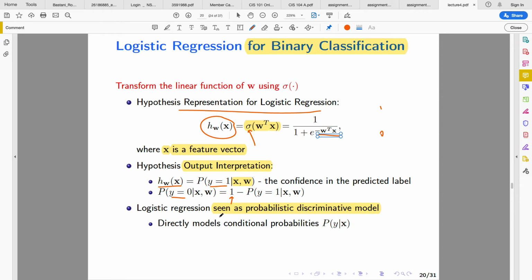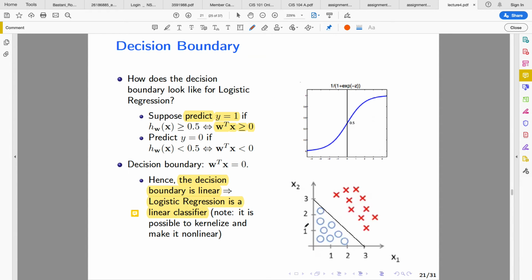So logistic regression, you can look at it as a probabilistic discriminative model. It models a conditional probability, where this is the condition. We're trying to get the value of y knowing the value of x. Now, what does the decision boundary look like for logistic regression?